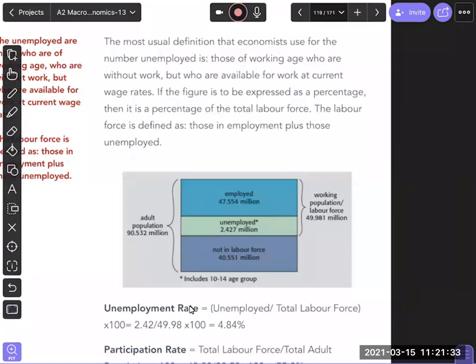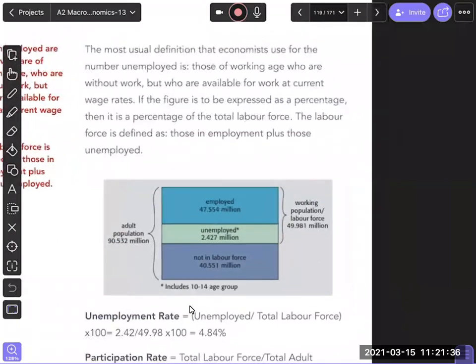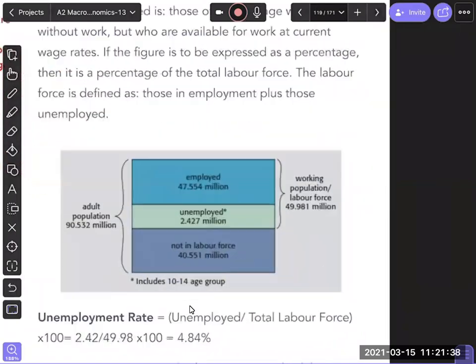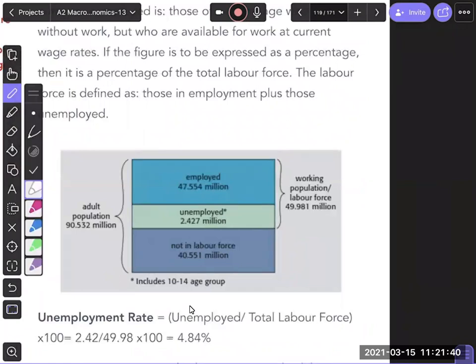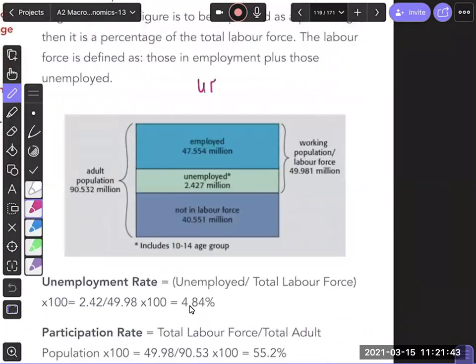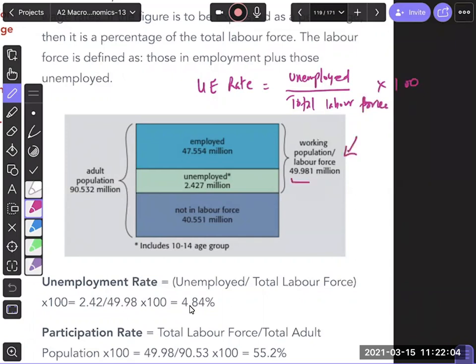So when you look at the unemployment rate of Pakistan, let me write this again. Unemployment rate is calculated through total unemployed over total labor force times 100. Now, what is labor force? We say labor force is your working population, or people who are employed plus unemployed.